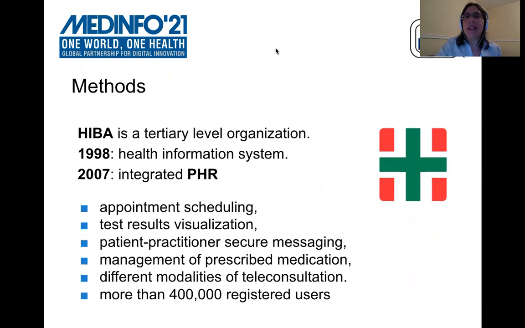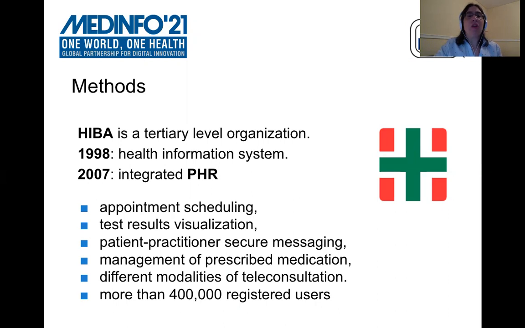So this study was carried out at Hospital Italiano de Buenos Aires, that is a tertiary level organization, which covers all health specialties at different levels of the healthcare system. It has its own in-house health information system since 1998, and also it has a tethered PHR since 2007. The PHR has at present more than 400,000 registered users.